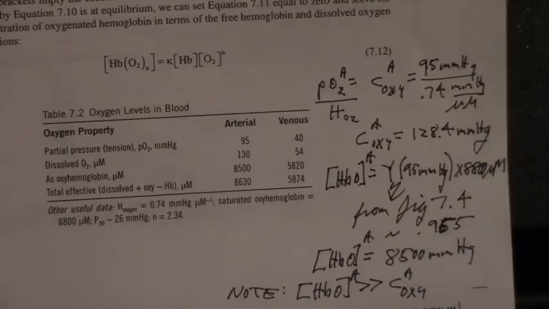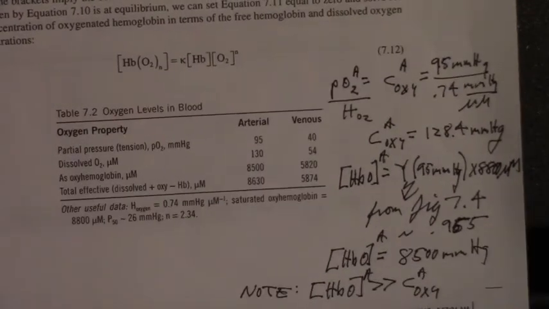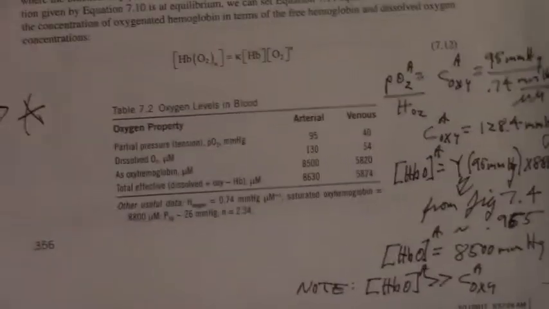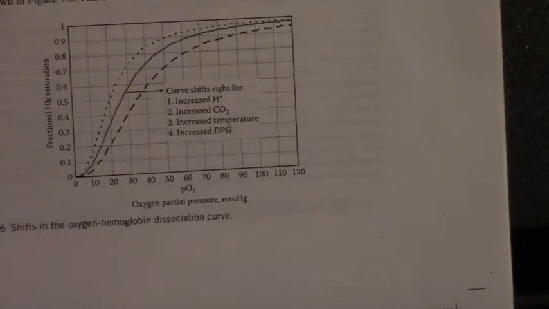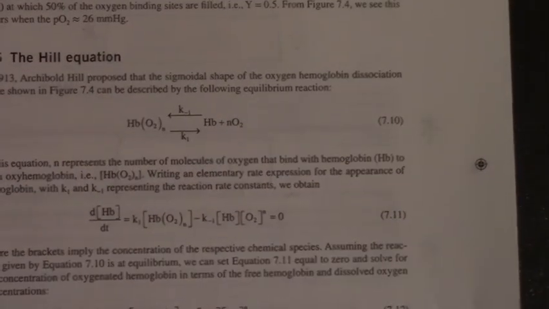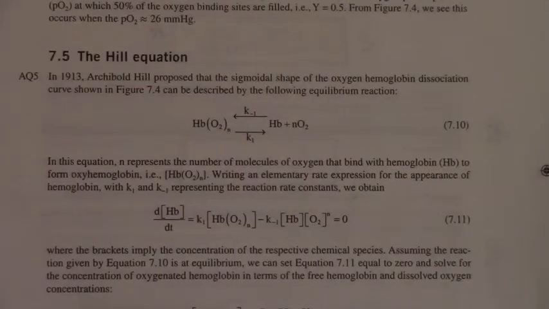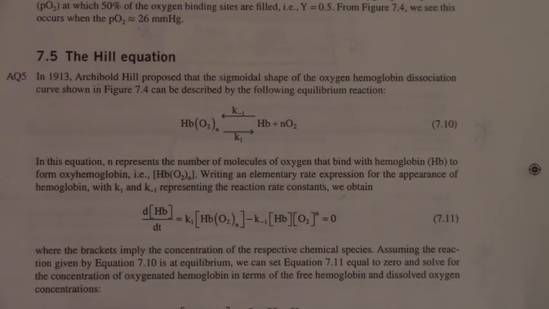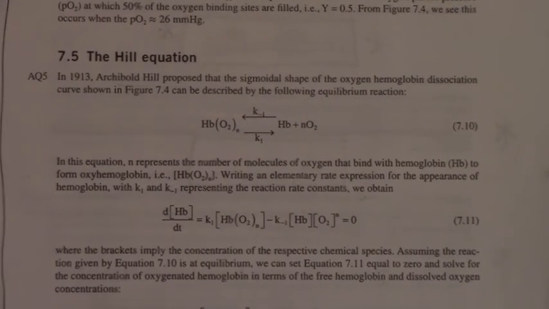Now what we'd like to do at this point, especially for calculations that might involve a computer, is have an analytical expression to describe the saturation of hemoglobin as a function of PO2.